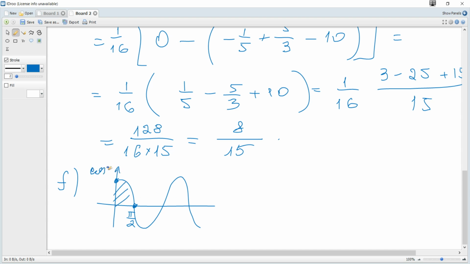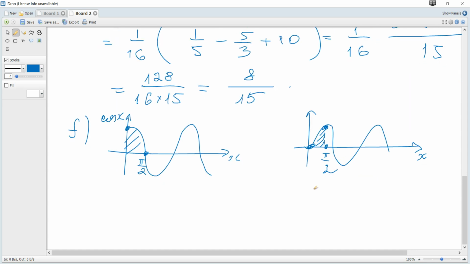It's cosine of x. And sine looks like this, and the integral from 0 to pi over 2 is the area between the curve and the axis.